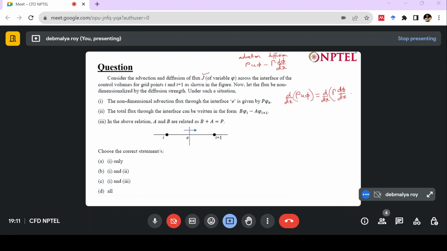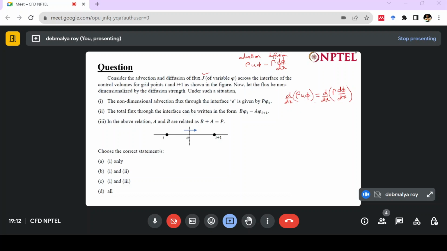Along with the Navier-Stokes equation, which is basically the momentum transport equation, and continuity, which is the mass transport equation, we may have other transport equations associated as well, like energy, the temperature, or any other species transport equations. So this is a form of the transport equation where we have dropped the unsteady term. There is no del T here, and we have dropped any source term or the reaction term that might come in the right hand side.